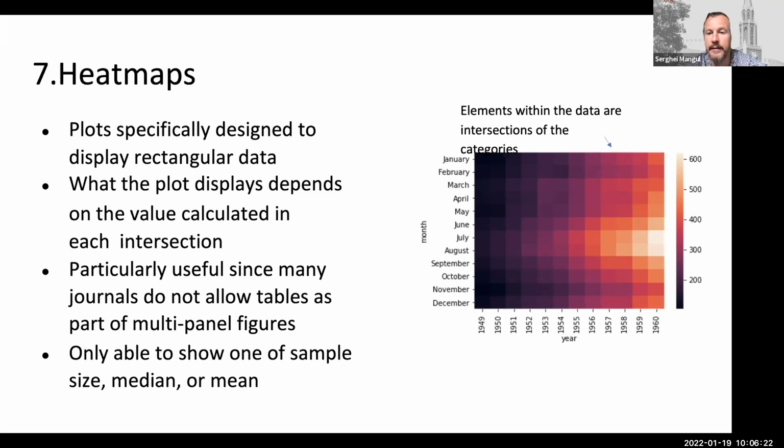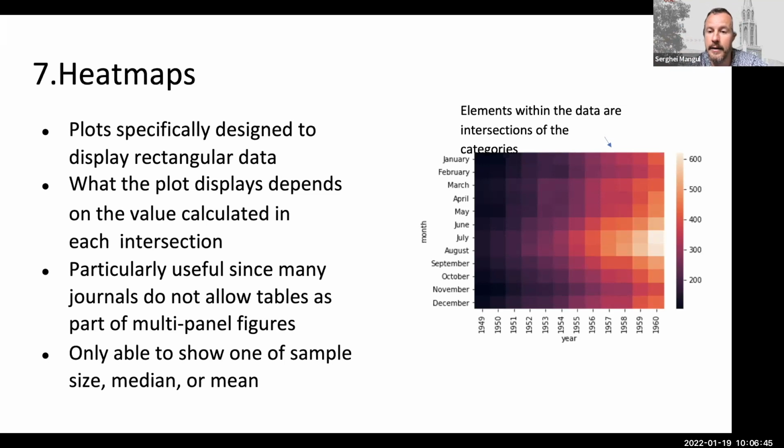For example, if we would observe mortality or birth rate and we know the information per month, we can do this kind of thing and see if people tend to die or be born in certain months across the years, if we would have that kind of information.